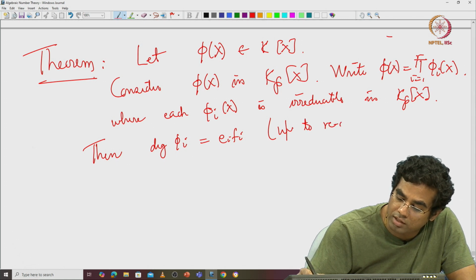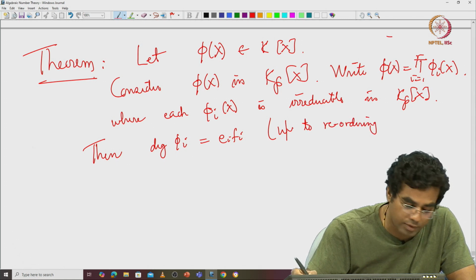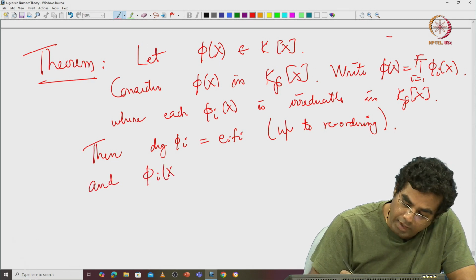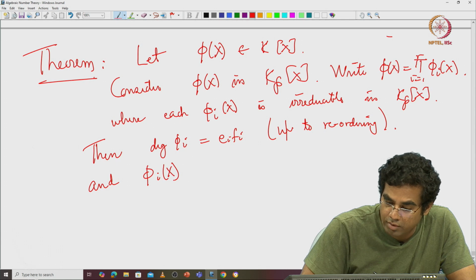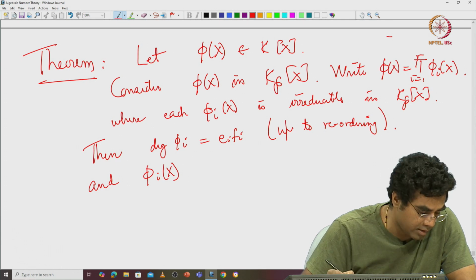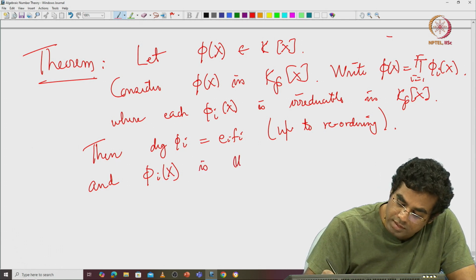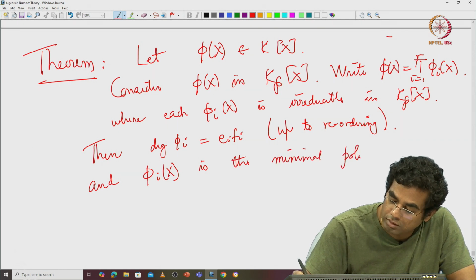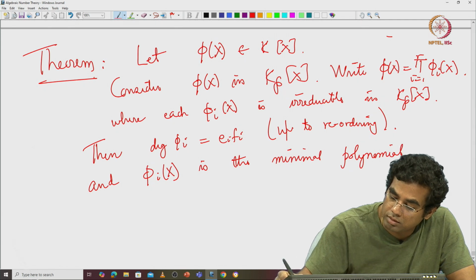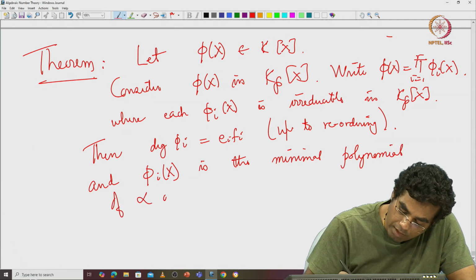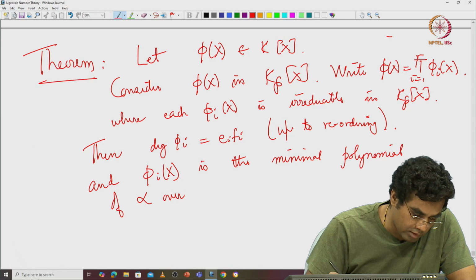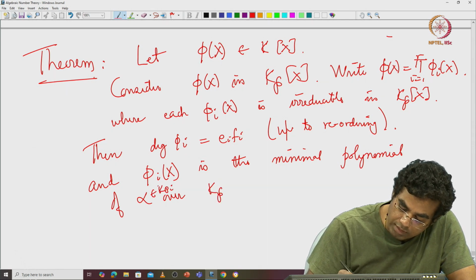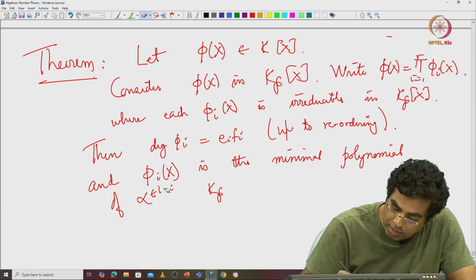I may need to reorder them if required. Okay. So, now I know what I want for phi, the minimal polynomial of alpha in L_{p_i} over K_p, sorry, L, this should be L. Let me rewrite that whole thing.